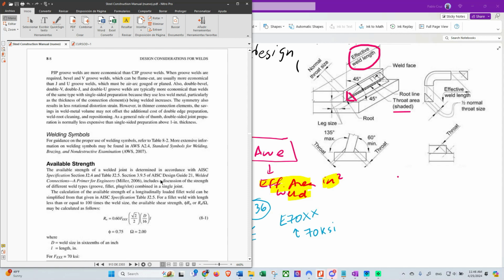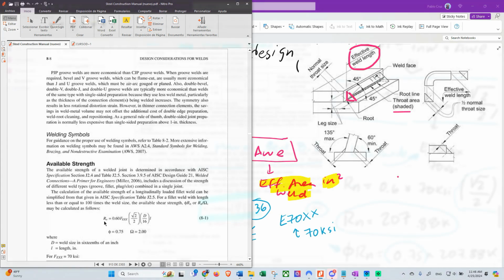The AISC design guide 21 is something that you are not going to have access to on the exam. However, here they are extracting a little portion of this, and they give you a more digested equation to calculate the available strength.